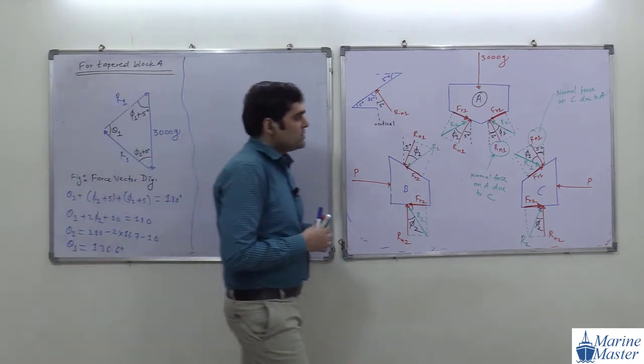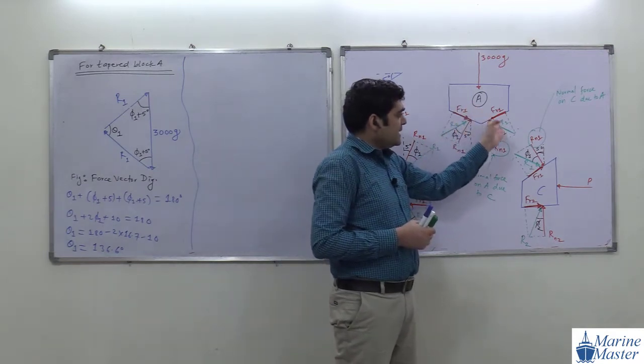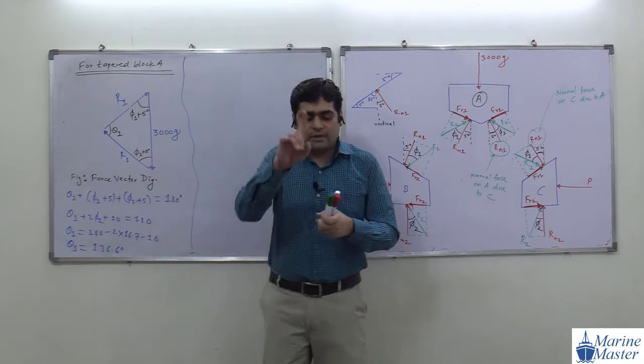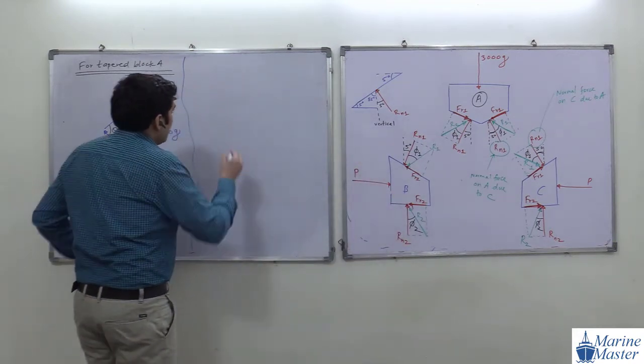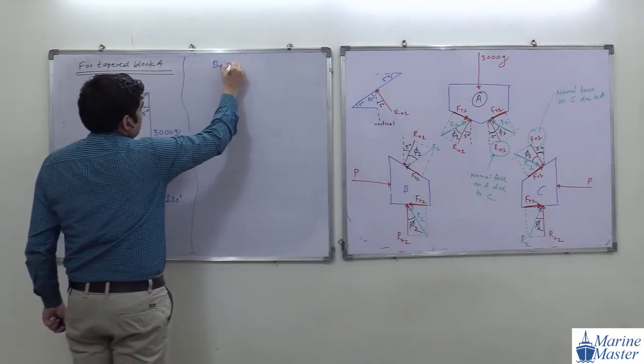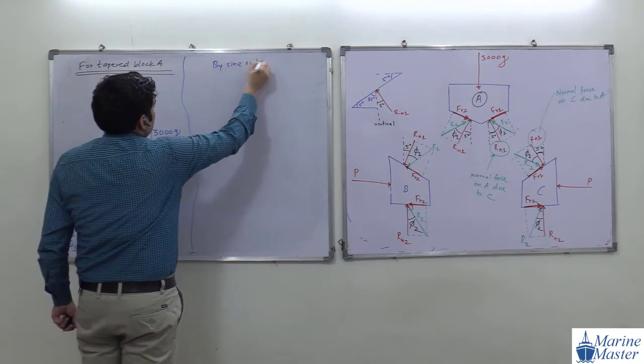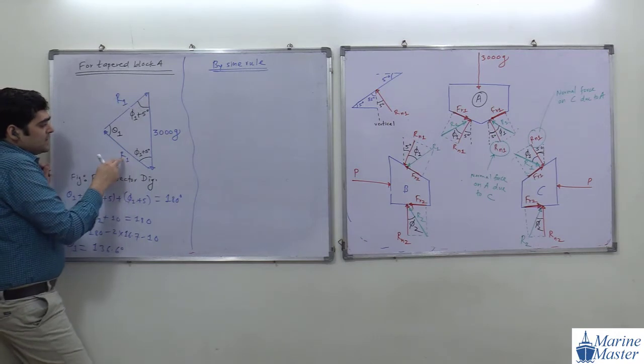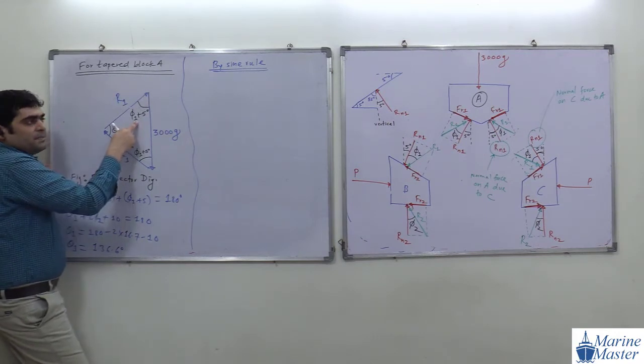From this drawing, we will get R1. So we are going to use the sine rule. By sine rule, see, R1's opposite is phi 1 plus 5.